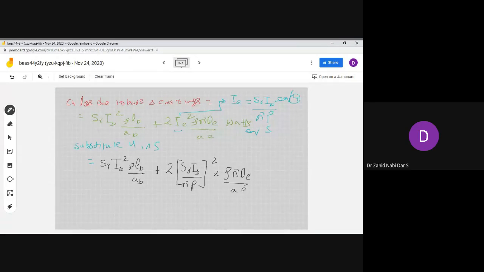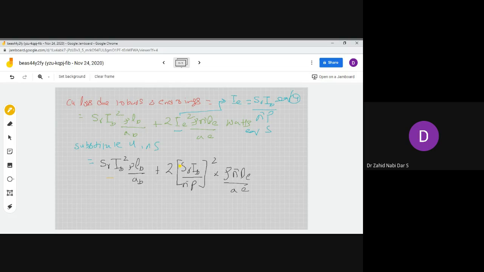There are some commonalities that you can see over here. What are the terms common? SR IB square here, and here also you can see SR IB square. Although it is SR square IB square over here, carefully see what things can be taken common.